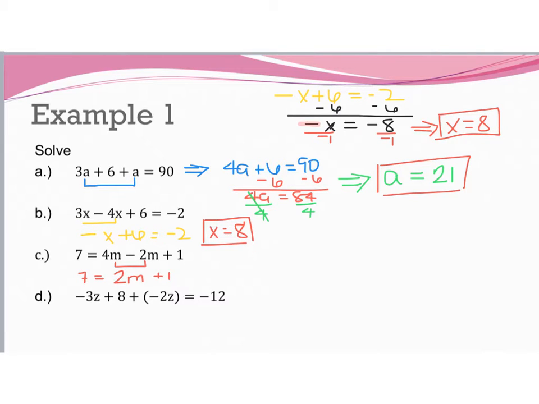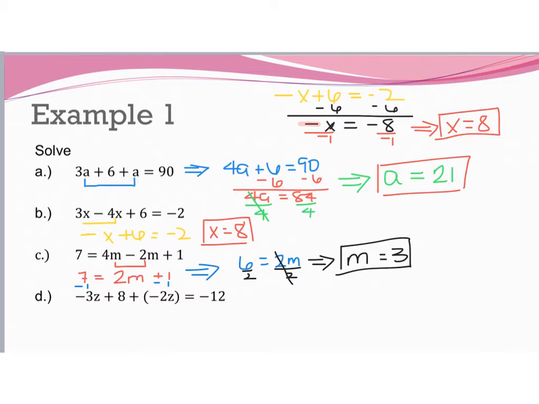So now if I get the m term by itself, I can subtract 1 from both sides, and this is going to give me 6 is equal to 2m. So if I divide both sides by 2, because I want to get m by itself, this tells me that m is going to equal 3.